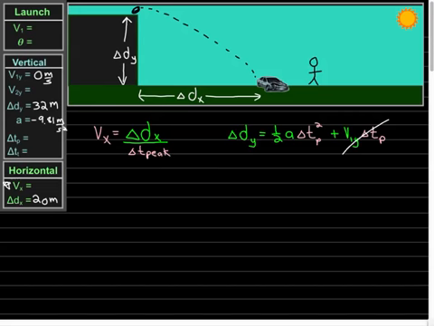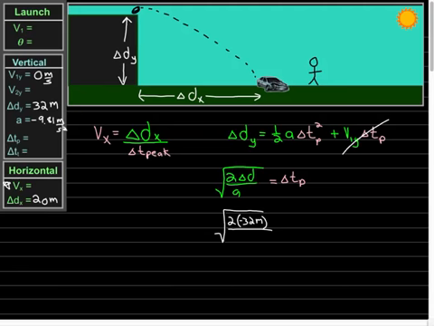So doing some algebra, we get the square root of 2 times delta D divided by A, and that equals our peak time. Now actually plugging in our numbers, we have 2 times negative 32 meters, right? It fell 32 meters.